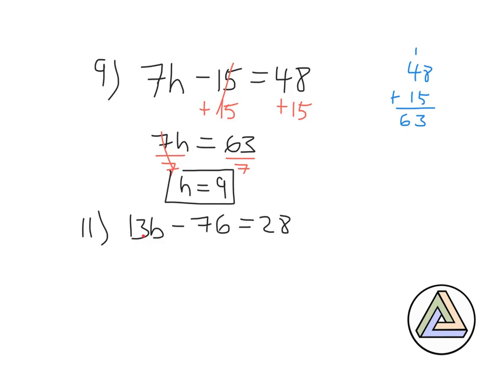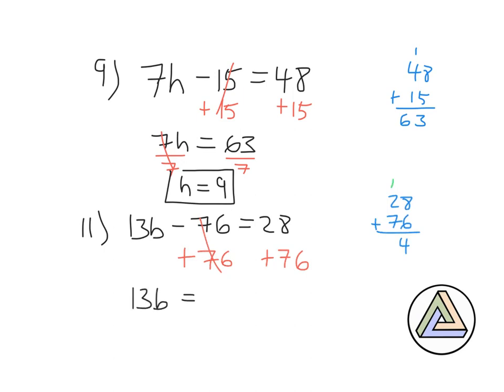All right, 13b minus 76. So clearly we want to get that 13b by itself first. So we're going to add 76 to both sides, canceling, and then we end up with 13b equals 28 plus 76. I will go off to the side over here, 28, 76, adding. 8 plus 6 is 14, carry the 1.